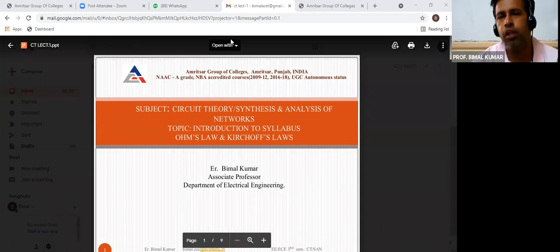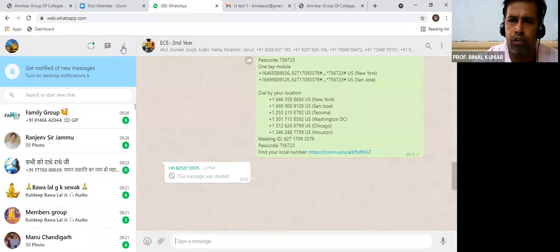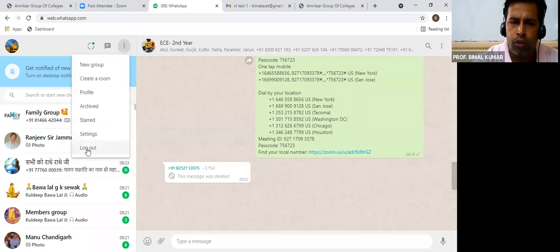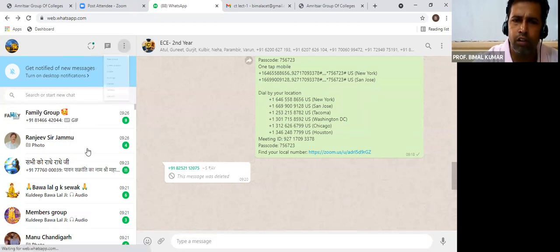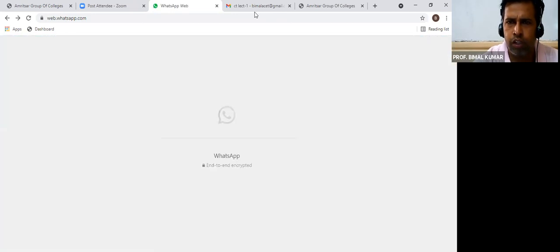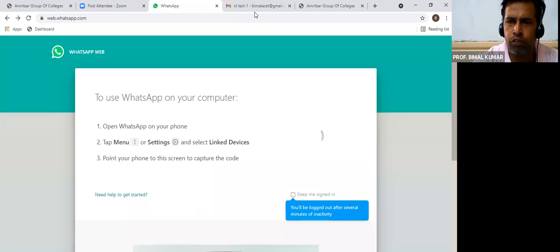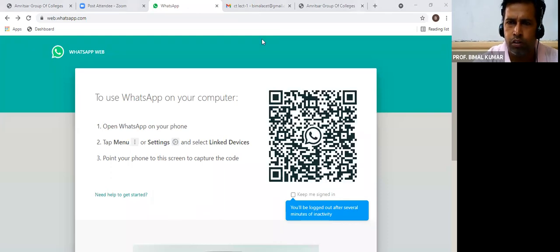In this subject, because it is based on analysis of the network, we will use some mathematical tools to explore the electrical network.